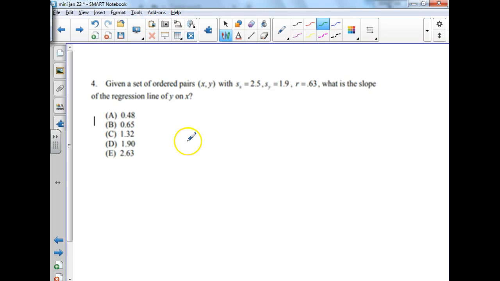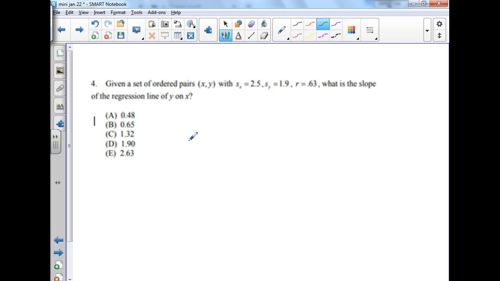Looking at our last problem, given a set of ordered pairs, we're given that S sub X is equal to 2.5, S sub Y is equal to 1.9, and r is equal to 0.63. What is the slope of the regression line of y on x? This is strictly a textbook formula, one of the formulas that you're given.